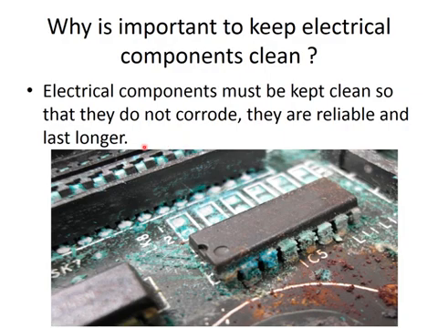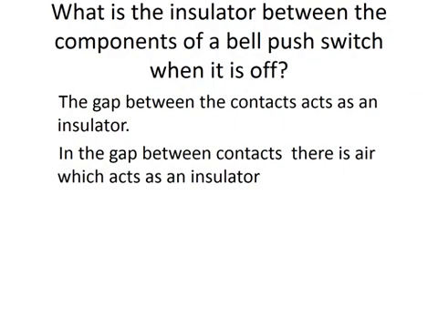The next question is, what is the insulator between the components of a bell push switch when it is off? The gap between the contacts acts as an insulator. In the gap between contacts there is air, which acts as an insulator.